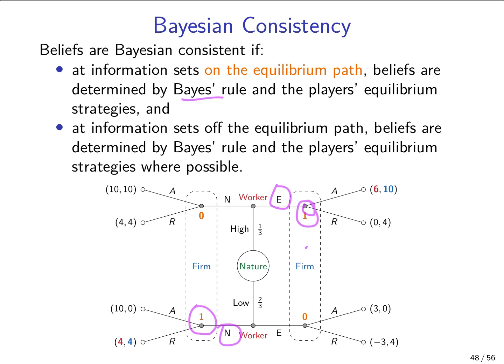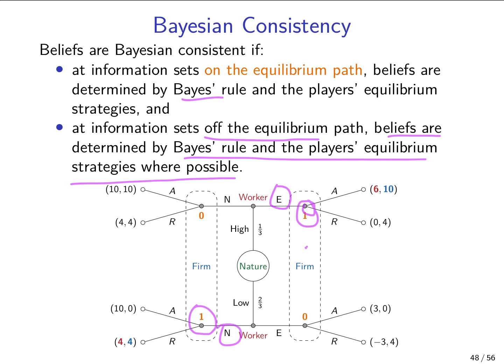So in this case, Bayes' rule is pretty intuitive. We don't really need Bayes' rule to calculate the probability, although we could. The reason we talk about off equilibrium path is that in some games some information set is not reached with positive probability, and to make the definition more complete, in those cases the belief would need to be determined by Bayes' rule and the players' equilibrium strategy where possible.